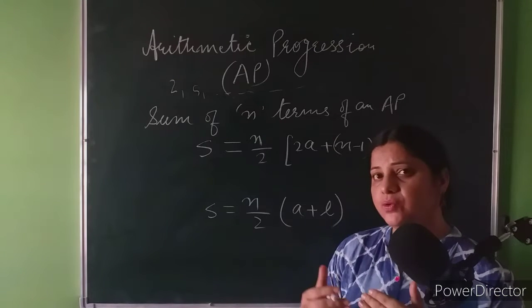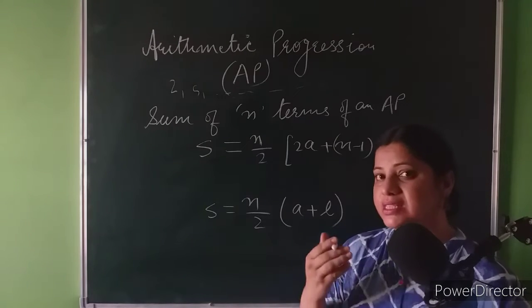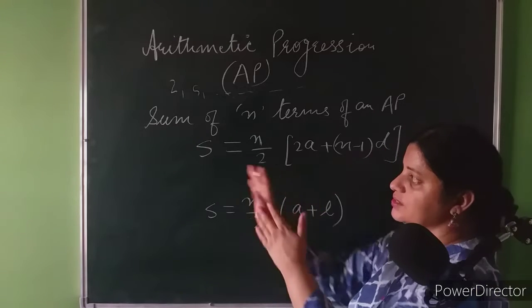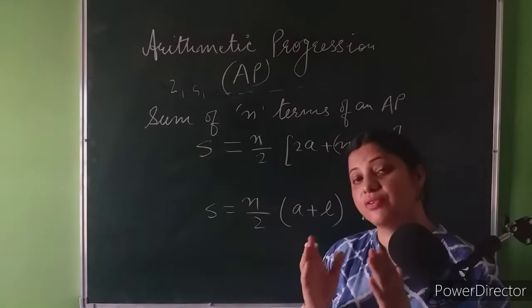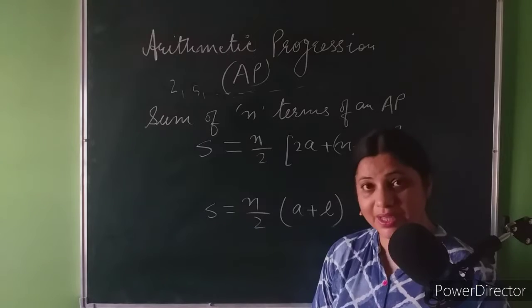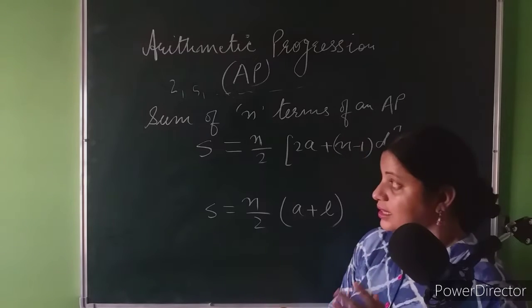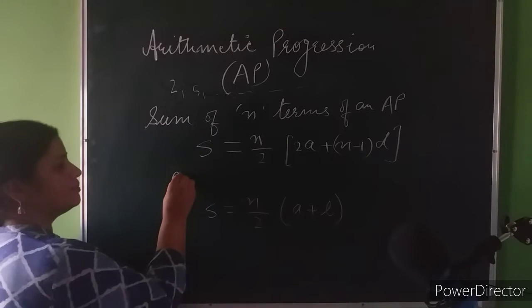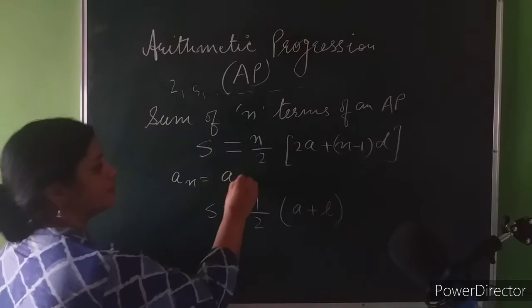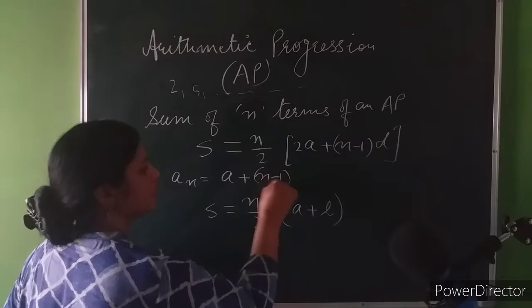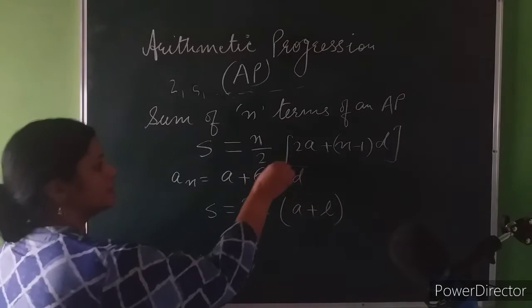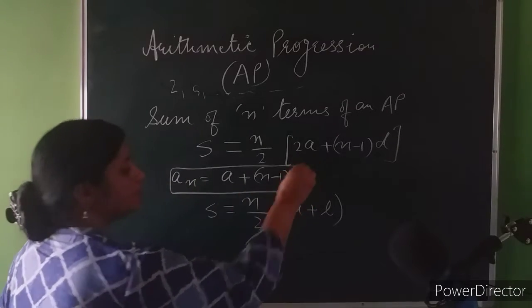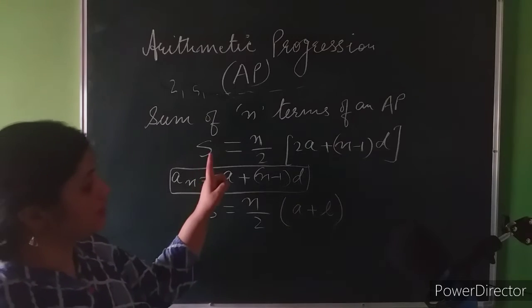If you remember properly the formula of the general term, some portion of this formula matches with it also. But don't get confused. The formula of the general term is an is equal to a plus (n minus 1) into d. This is the formula of the general term. But now I have told you the formula of the sum.